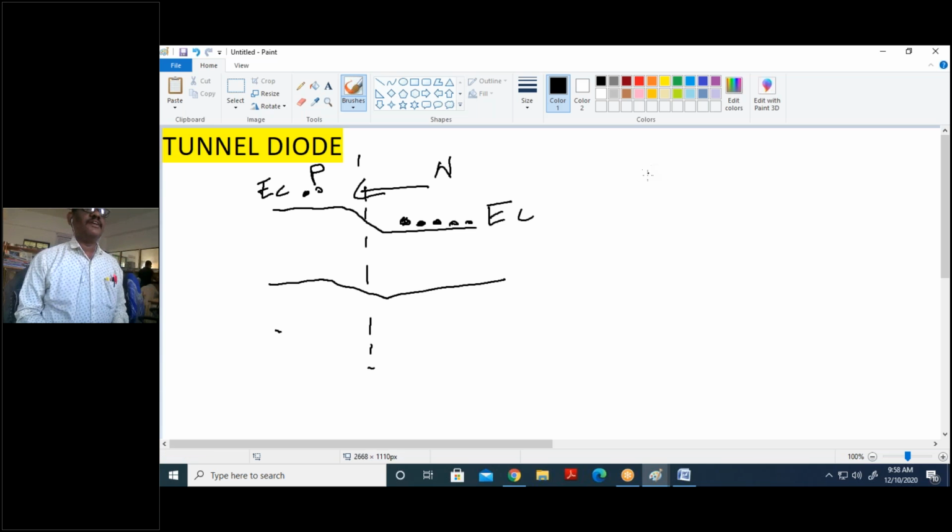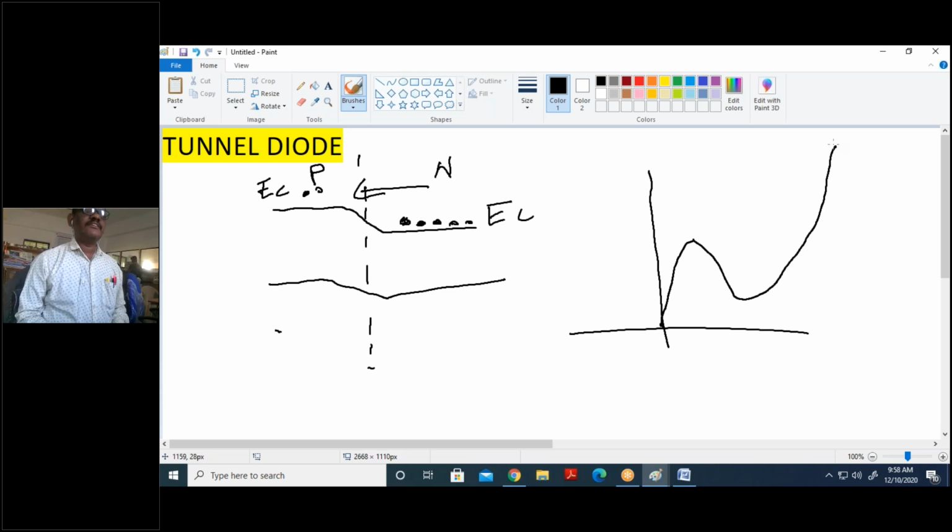So according to this graph, see at millivolts current is rising. After more than 0 volts, current comes down. After 0.7 volts, again current increases. So it has three regions.